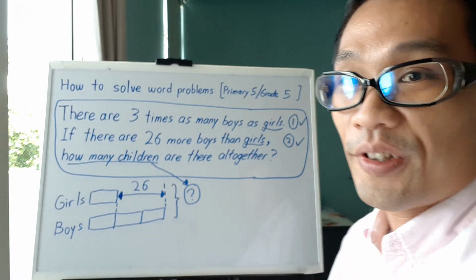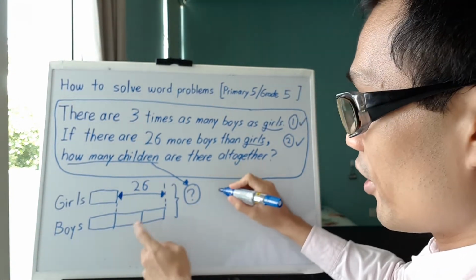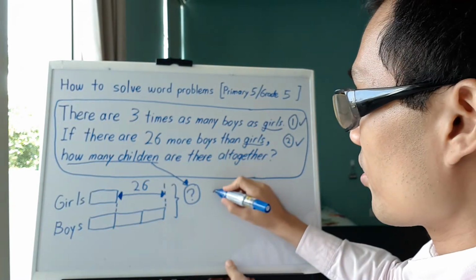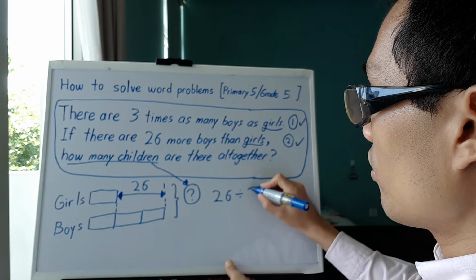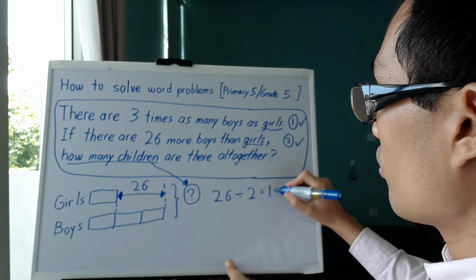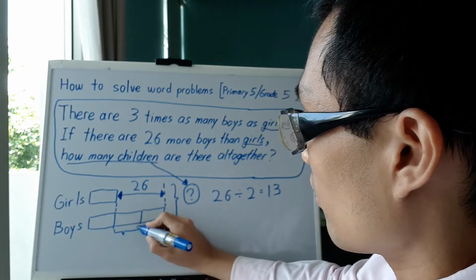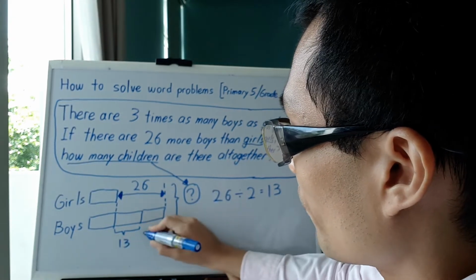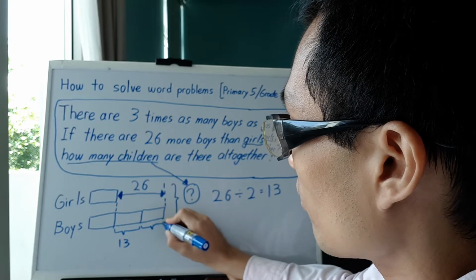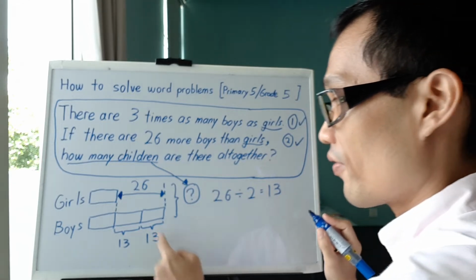Very good. You can now see that 1 unit, or rather the number of children for 1 unit is 26 divided by 2 equals 13. And this is your information over here. 13 plus 13 equals 26.